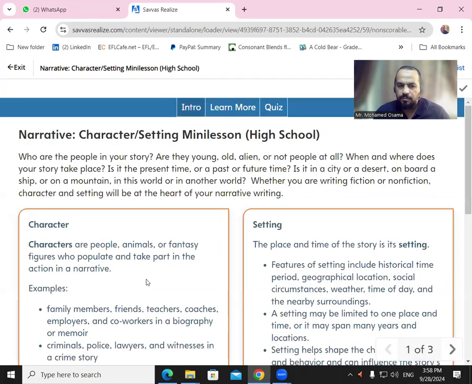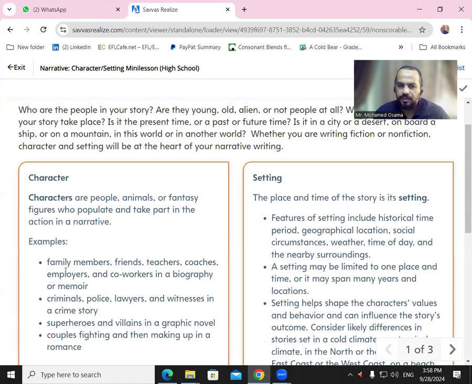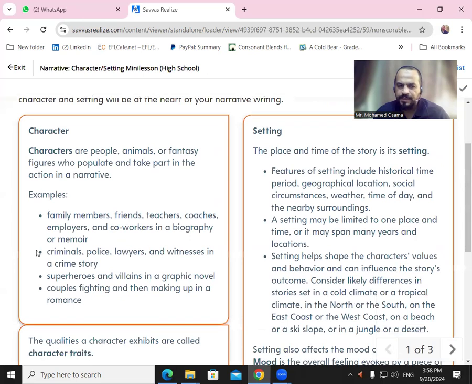Characters, as you know, are the people, animals, or fancy figures in the story. Examples of characters we can use are family members, friends, teachers, coaches, employers, co-workers, and so on. Criminals, police, lawyers, witnesses, whatever.